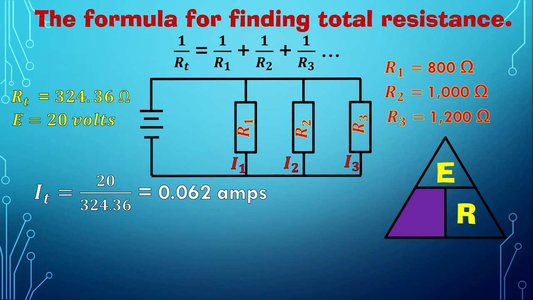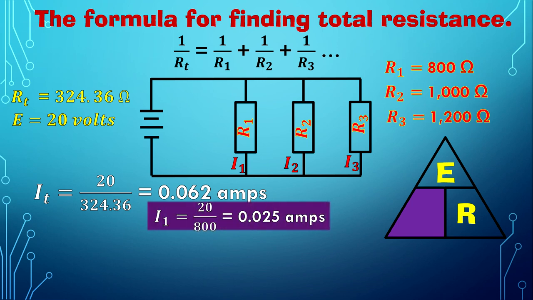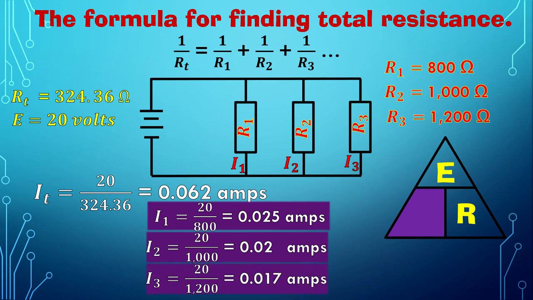I can also figure out how much current is going through each of those branches. Okay, for that first branch, I just take the 20 divided by 800, and I get 0.025 amps. I can take the second one, 20 divided by 1,000, and I get 0.02 amps. For the third one, 20 divided by 1,200 is 0.017 amps.